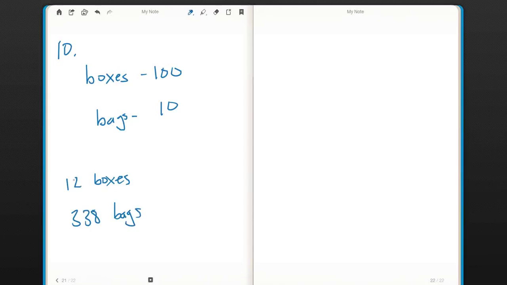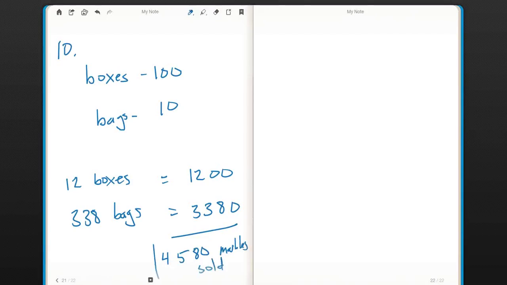I hope you're beginning to do this mentally, that 12 boxes is 1,200. 338 bags is 338 tens, which is 3,380. And the question, of course, is how many marbles were sold that month? The total marbles sold were 4,580 marbles. Again, always put a unit or an explanation of what your answer means. 4,580 is an incomplete answer.